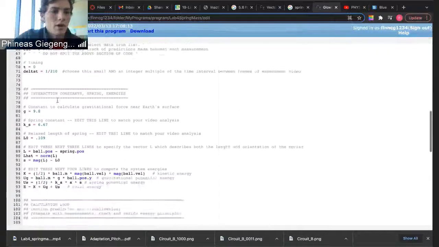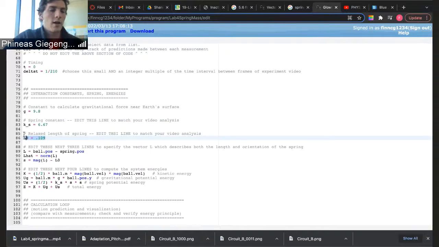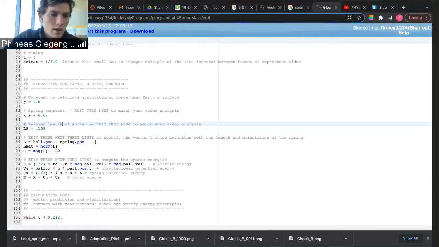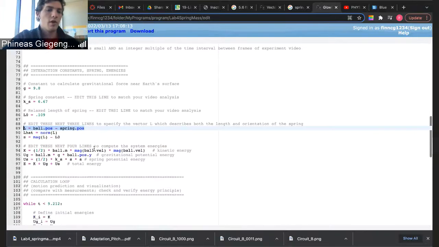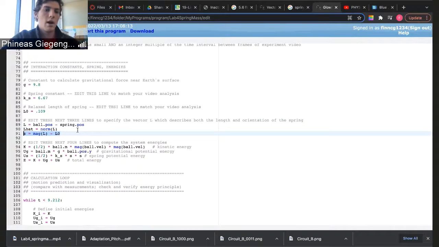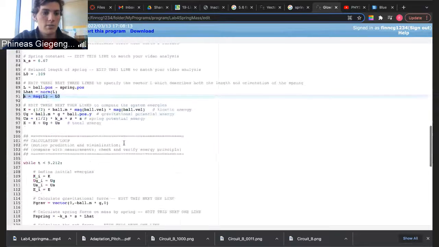Here is gravity, obviously. This is the spring constant that was found, and the initial or relaxed length of the spring, L naught. Here I'm finding the current length L for the video, and then I'm normalizing that to get the unit vector L hat, and subtracting magnitude L minus L naught to find s, which is the displacement.